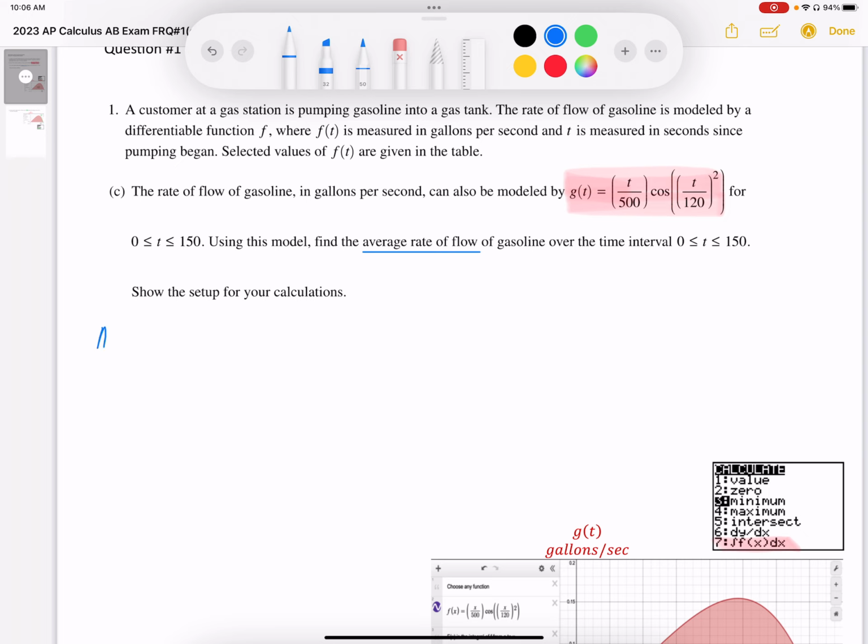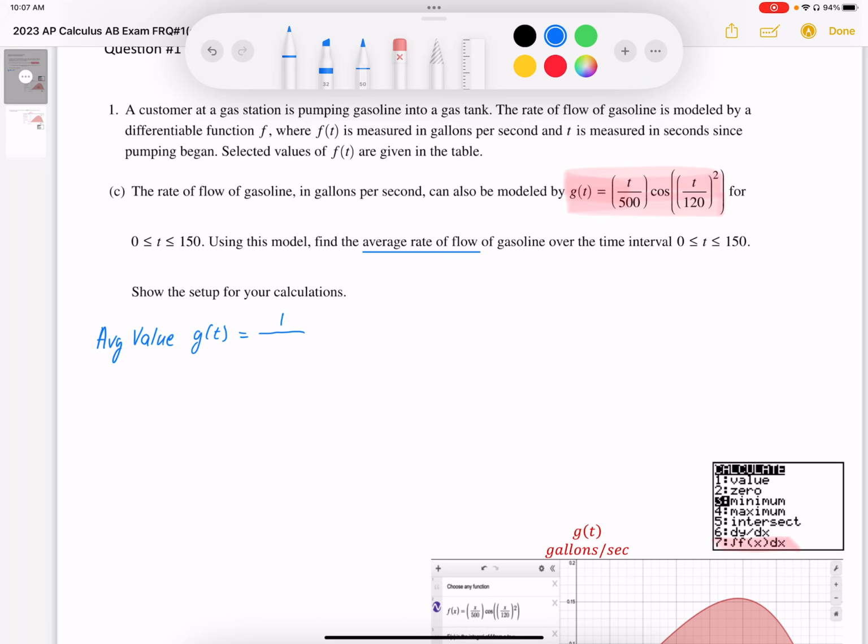The average value formula looks like this. The average value of, in this case, g of t is equal to the area underneath the g of t graph, or the total gallons, divided by the interval width.